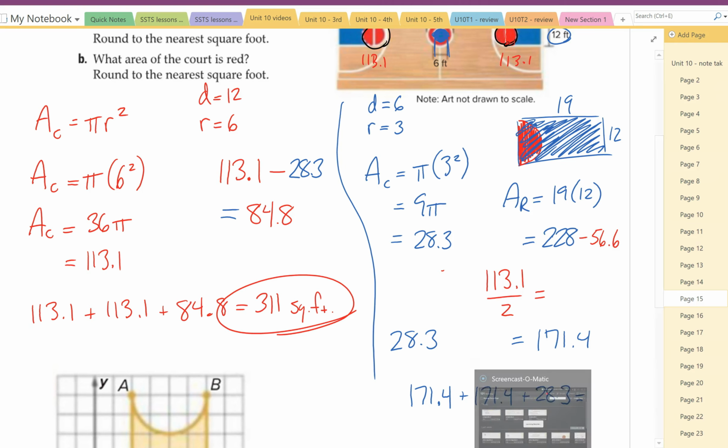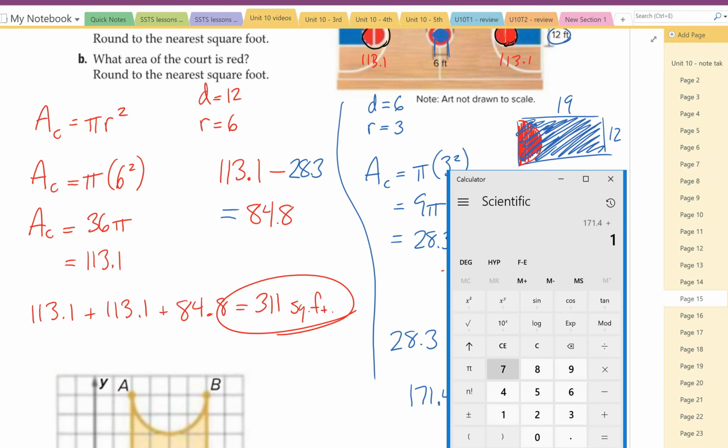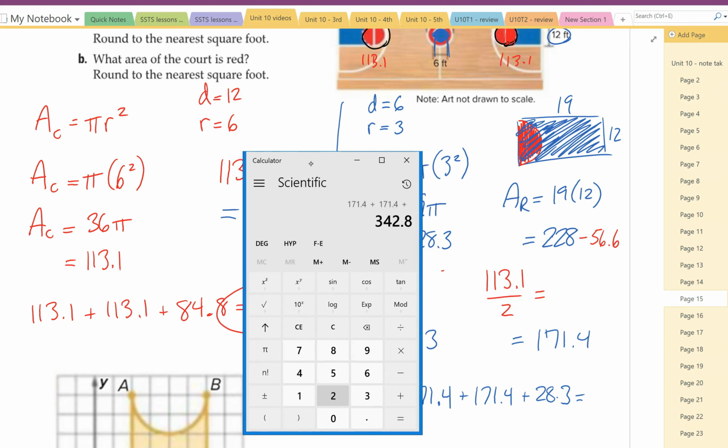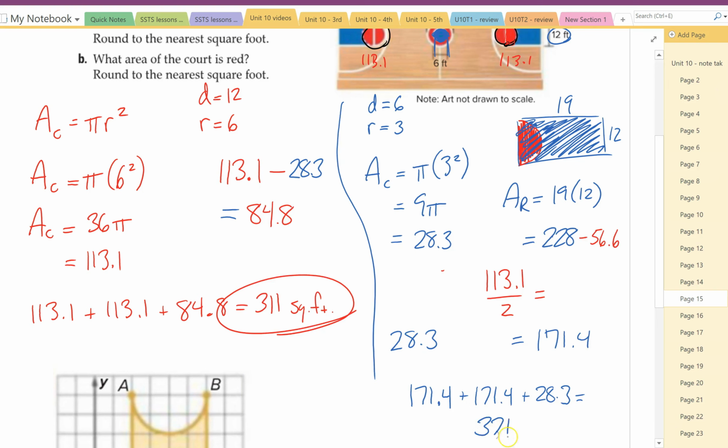I just need to add those three together. So 371.1. That's the area of the blue on the basketball court. So a little bit more blue than red.